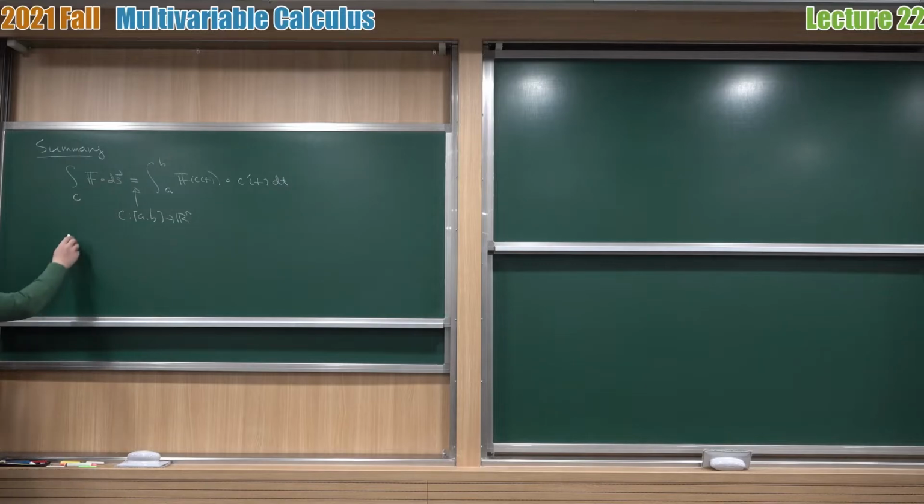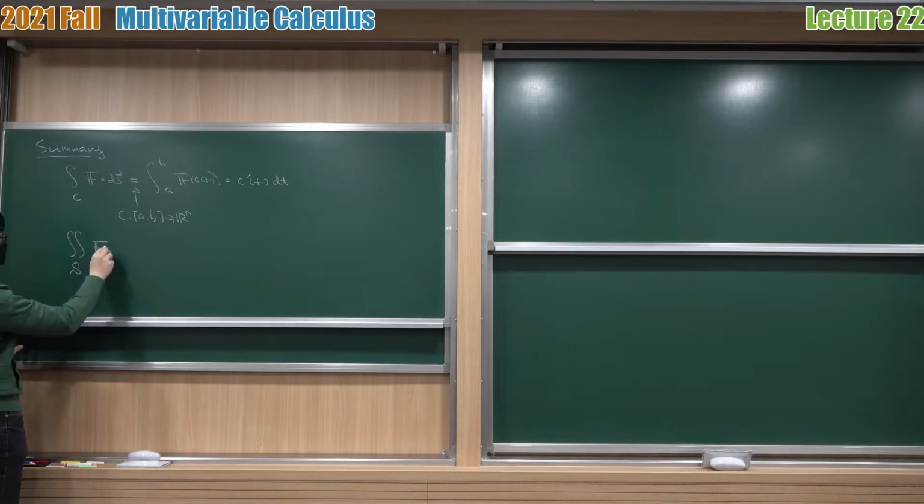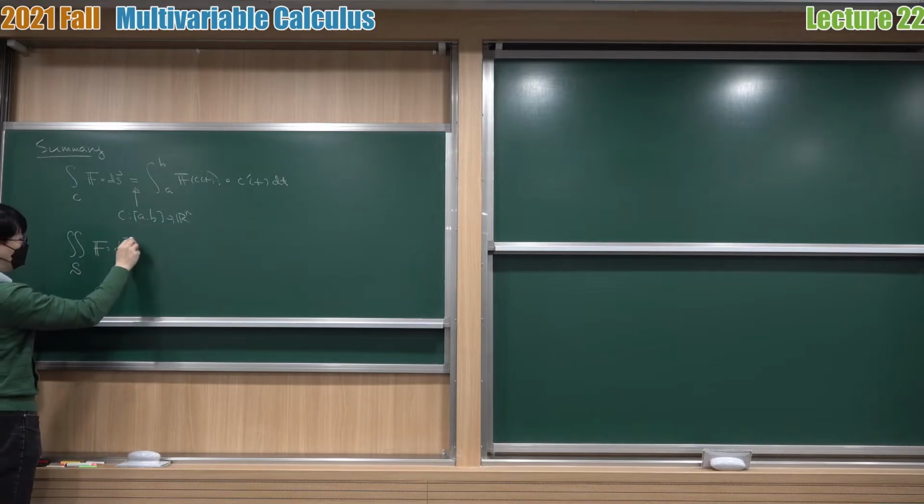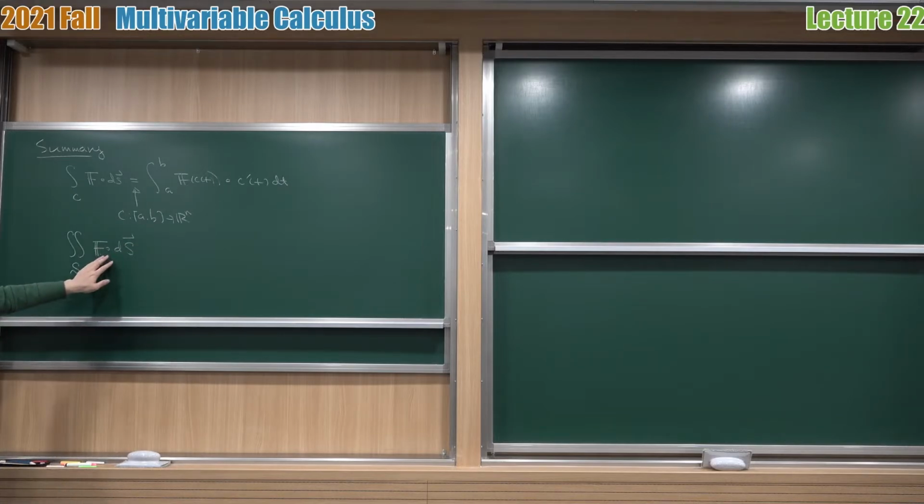And we also talked about the surface integral of a vector field, and we write that as the integral of F dS vector. So this S is a capital S, this is a small s. When we talk about the surface integral of a vector field, this is a flux.